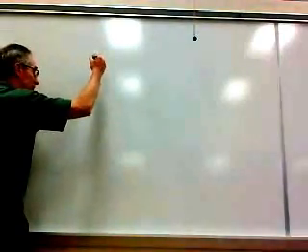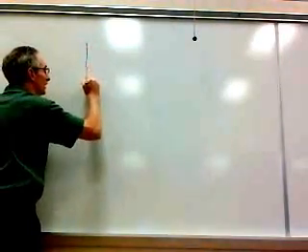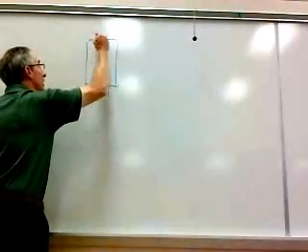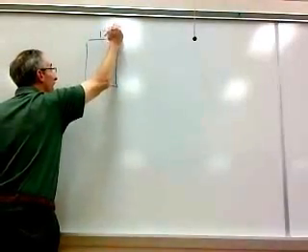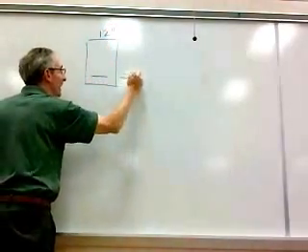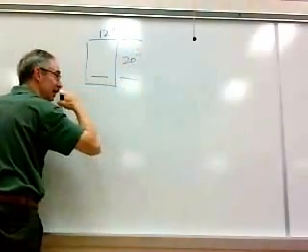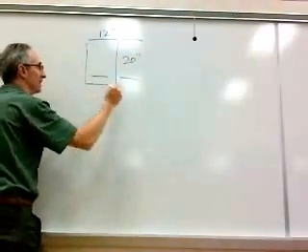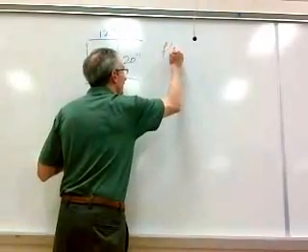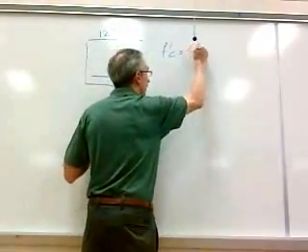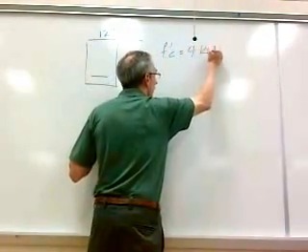So let's say that we have a beam. The beam's 12 inches wide, and it has an effective depth of 20 inches. It has concrete strength of 4 ksi.